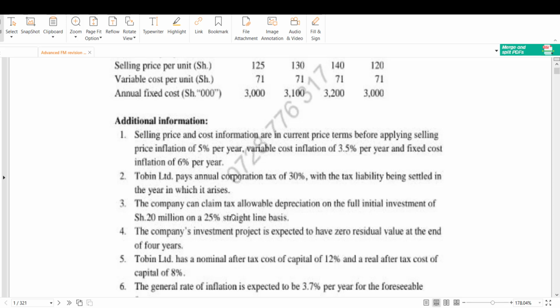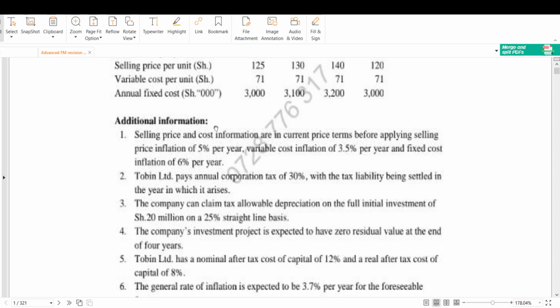So let's work that one out. We'll take 20 million times 25%. That one is giving us 5 million.